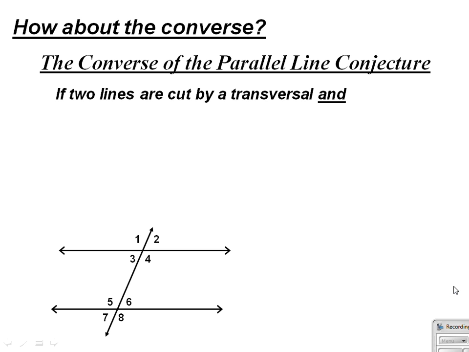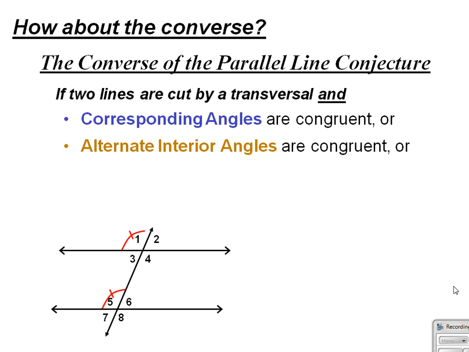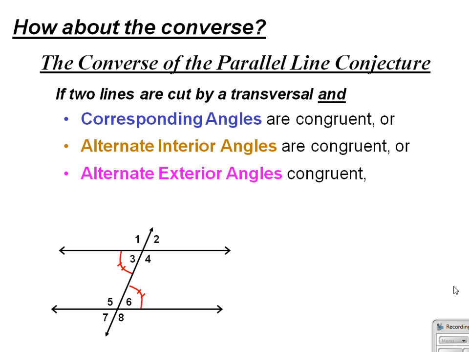So, the converse of the parallel line conjecture says that if two lines are cut by a transversal and the corresponding angles are congruent, or the alternate interior angles are congruent, or the alternate exterior angles are congruent.